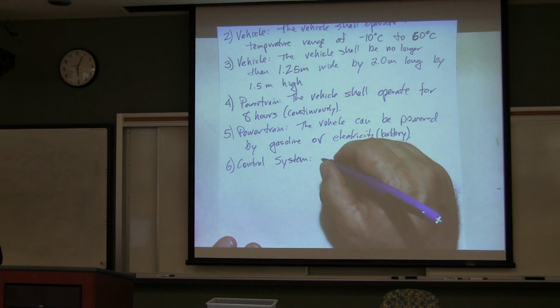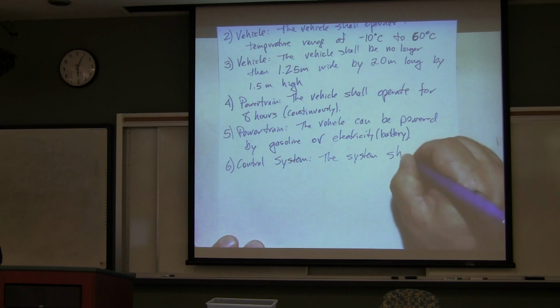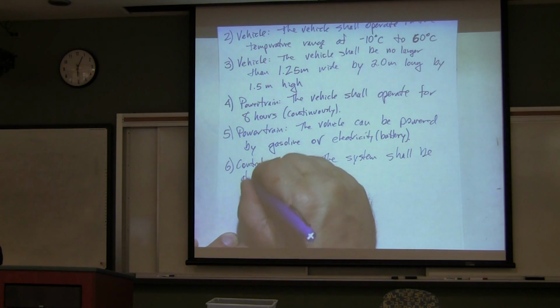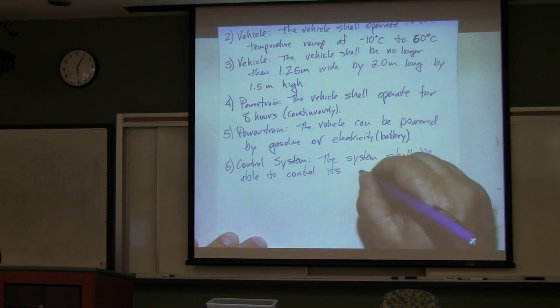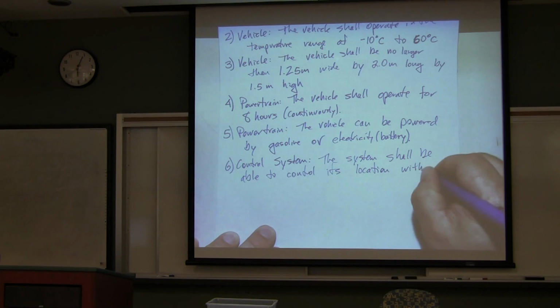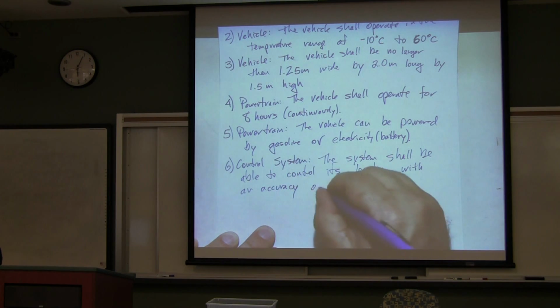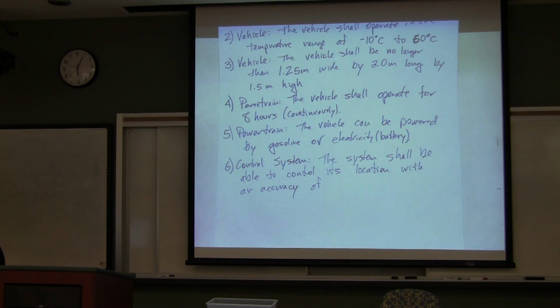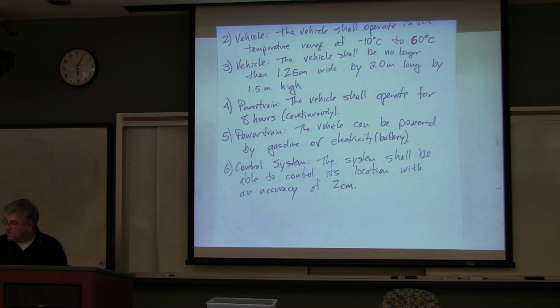And this is more of an operation, but the system shall be able to control its location with an accuracy of 2 centimeters. That's pretty amazing, isn't it? And actually, that's one of the requirements of the system.